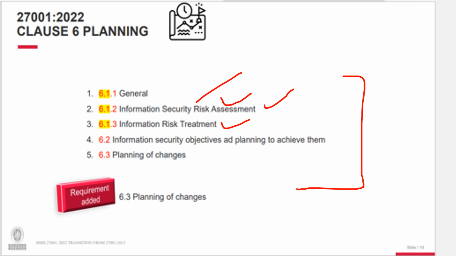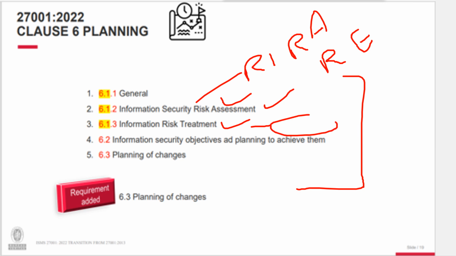This consists of risk identification, risk analysis, risk evaluation, and information risk treatment, which means how we can resolve all these risks. What are the types of risk we should ensure? And 6.2 and 6.3 cover the planning and steps that should be taken to achieve our goals.